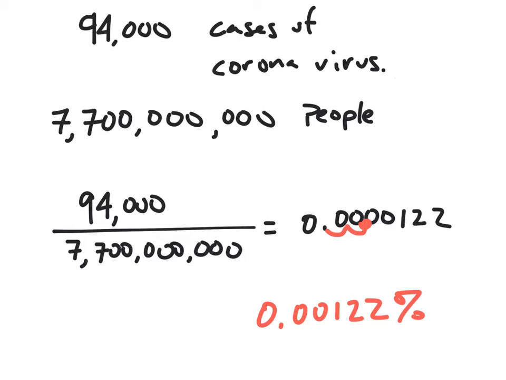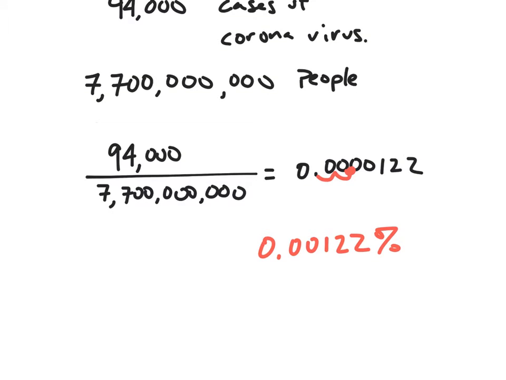Great question. Why do you have to move the decimal place? It's out of 100. So what we've done is we've created a proportion, basically, where you're trying to find the number out of 100.